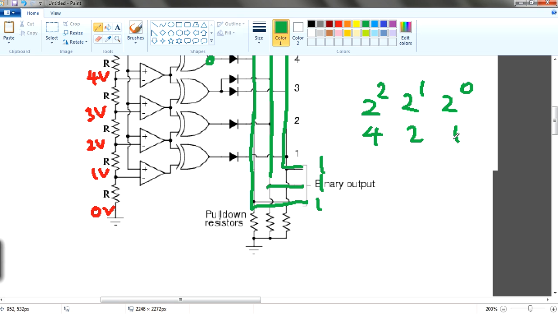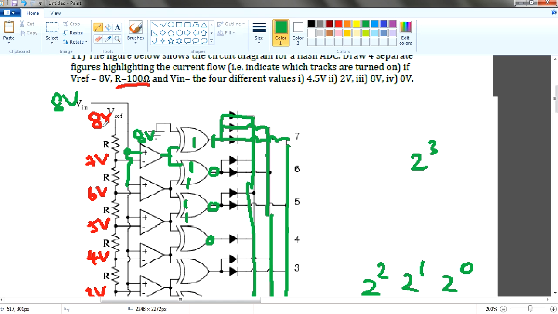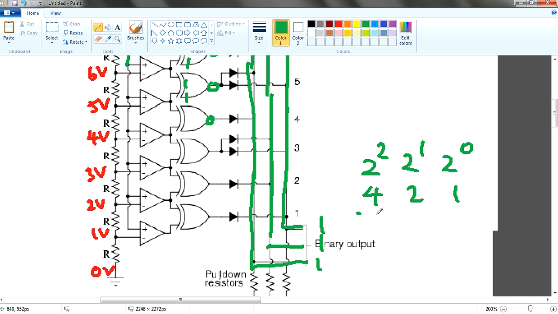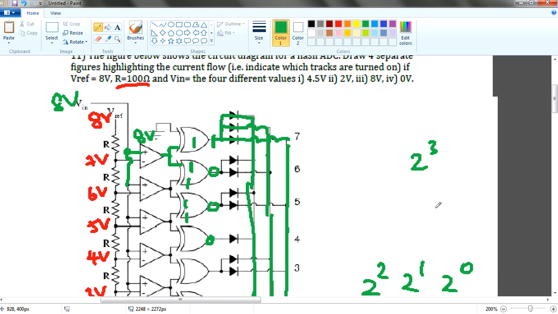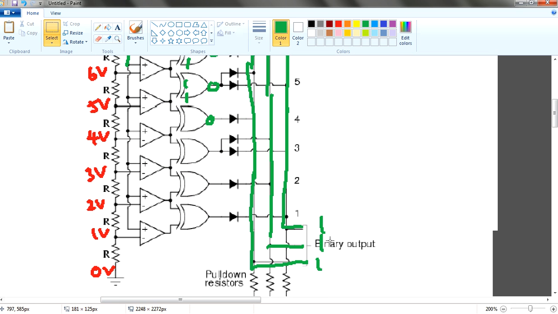Never mind, they didn't correspond well to the 8 volt. I thought if you put in 8 volt, it should reflect 8 volt, but I think it is just some binary numbers, that's all. Sorry to confuse you, but it should be 1, 1, 1 in this case.